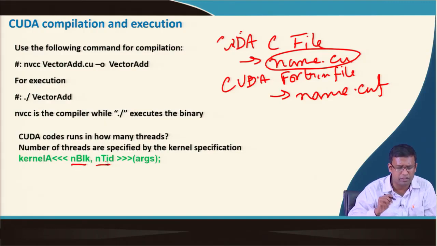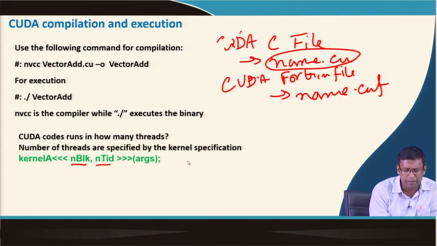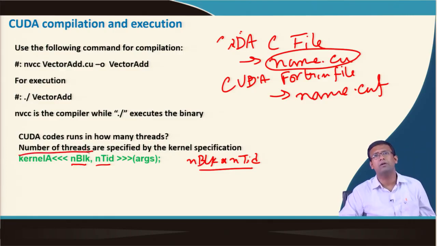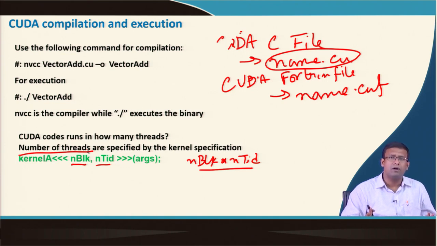So, the total number of threads will be NBLK, the block number, into NTID, the number of threads in each block. It will be executed in the total number of threads specified during kernel calling. We cannot control it outside that.